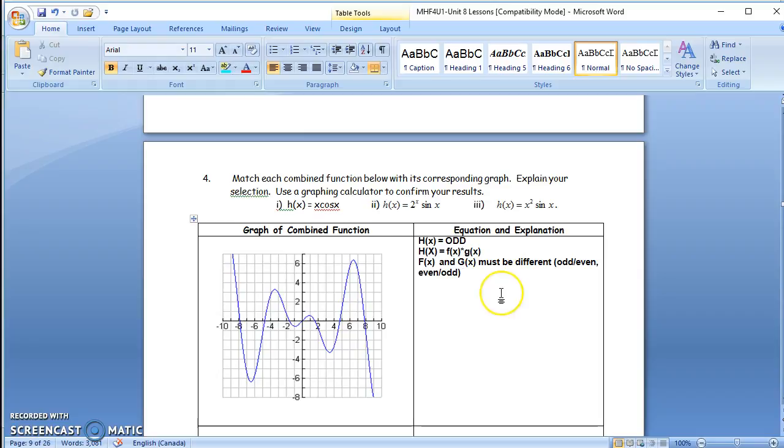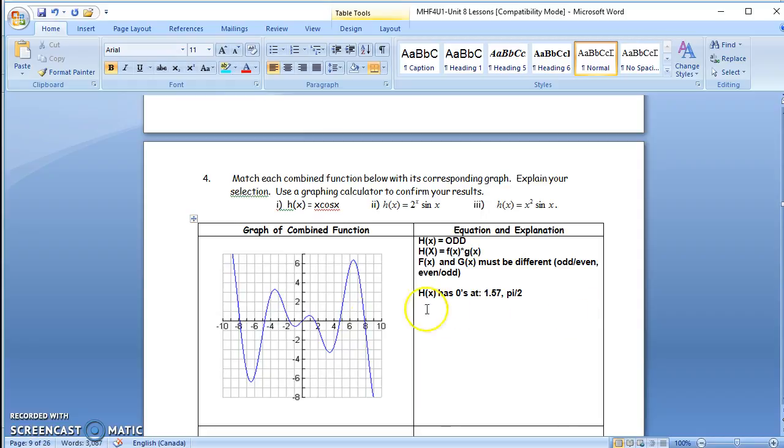But let's say we didn't have that and we had to figure this out ourselves. I notice that the combined function h of x has a zero here at 1.57, which I know is actually pi over 2.